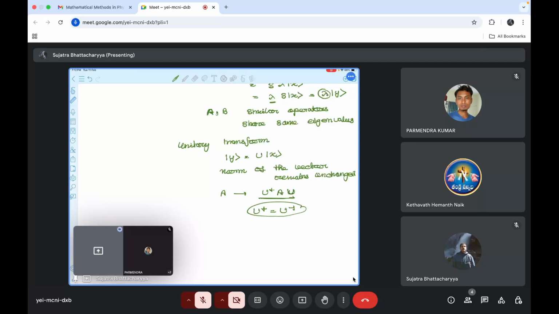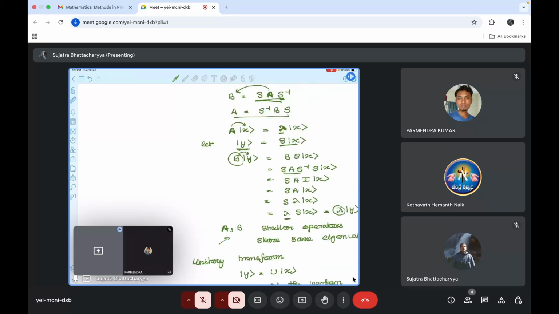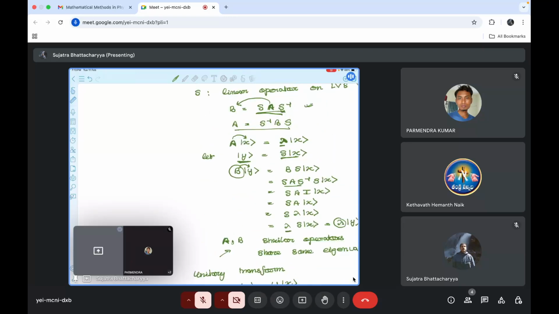Okay, and this is also a kind of similarity transformation, which we have seen just now. Why are we calling this a similarity transform? Look at this transformation. Since U dagger is U inverse, we can write this as U inverse A U, or S inverse A S, the same thing which we have written here, S inverse B S, anything.